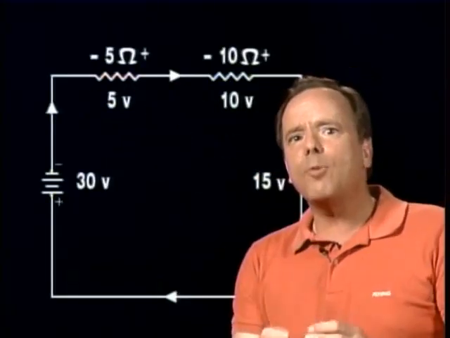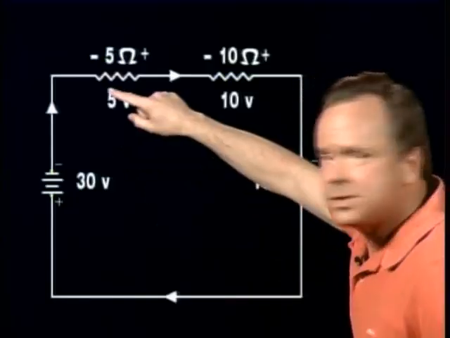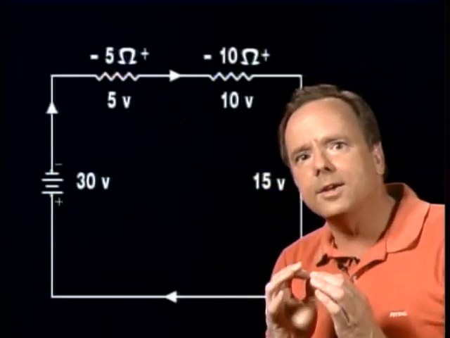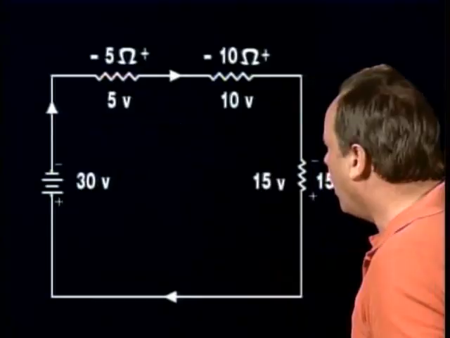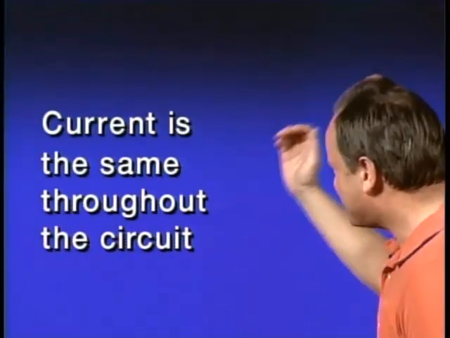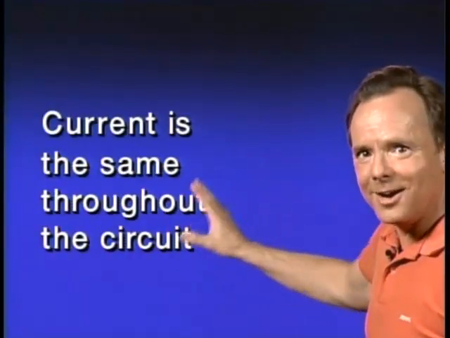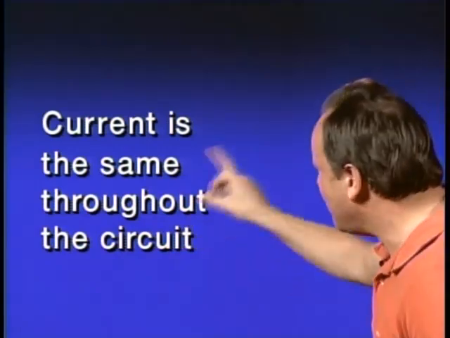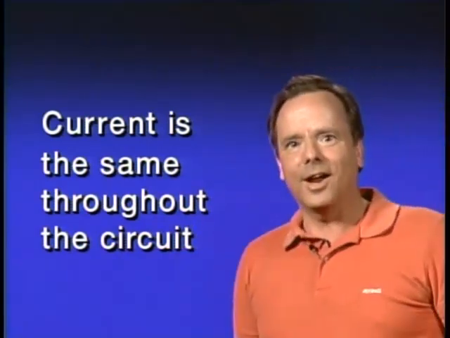Now, no matter how many components are included in a series circuit, the current is the same intensity all throughout that circuit. That's one of the things you need to know. The same current goes all the way throughout the entire circuit.